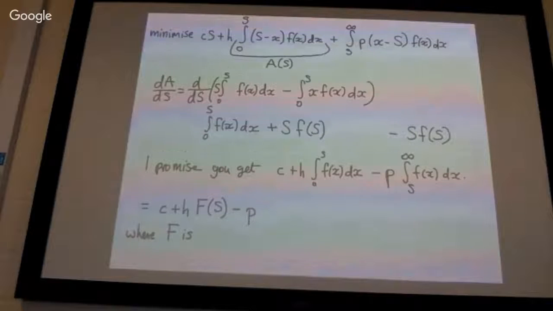First year probability theory. Does that ring a bell? Yes? No? No? The cumulative distribution function of the demand.